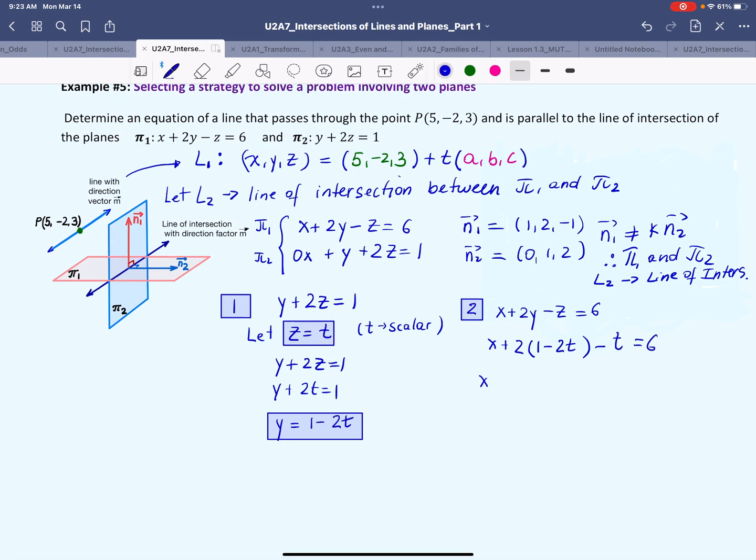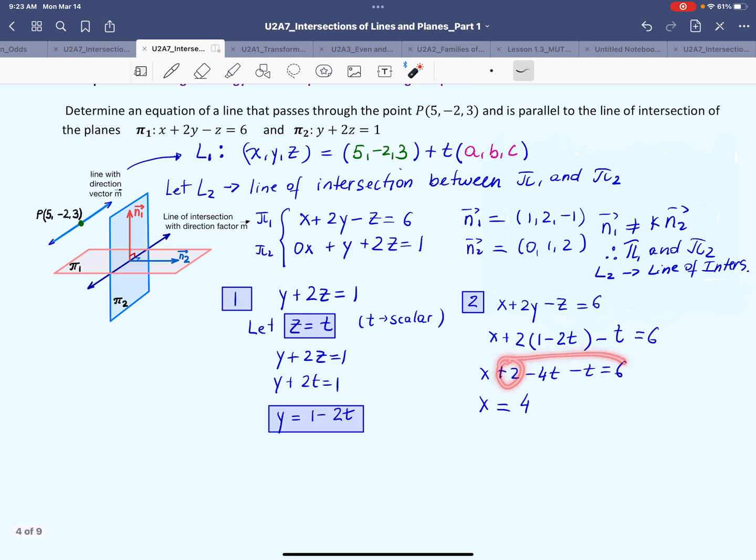And now let's solve for x. We have x plus 2 minus 4t minus t equals 6. x equals, take 2 to the other side, so that means 6 minus 2 is 4. And negative 4t minus t is negative 5t. When you take it to the other side, we'll make positive 5t. And now we have the parametric equation for the third variable.